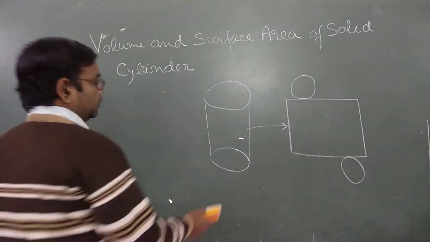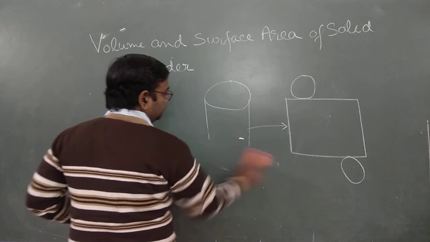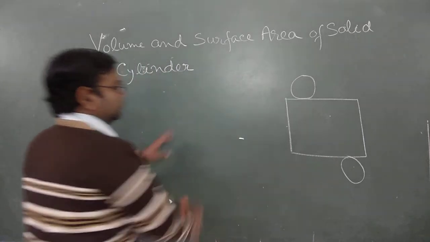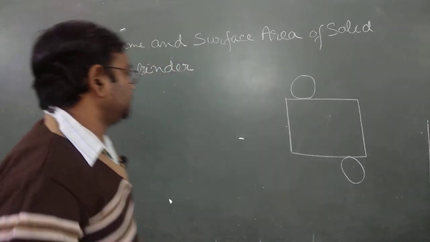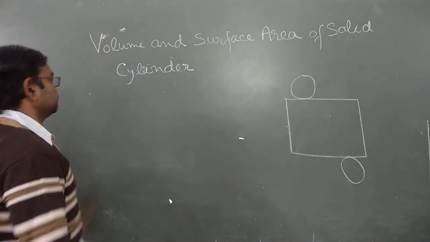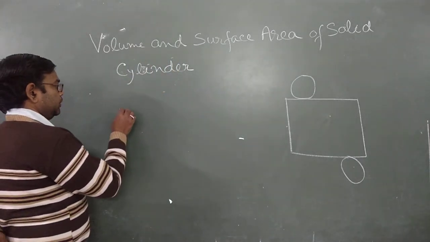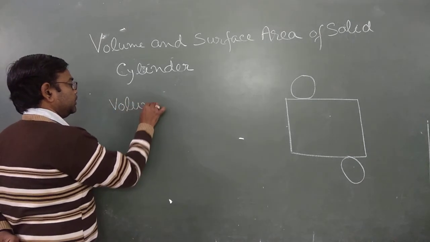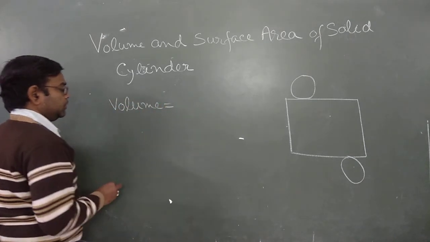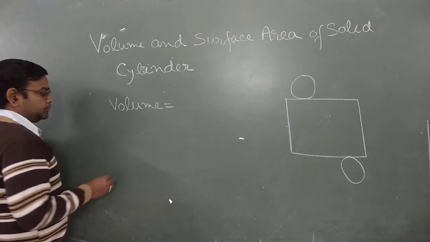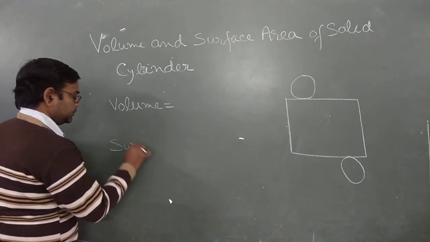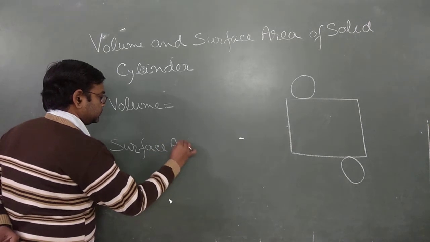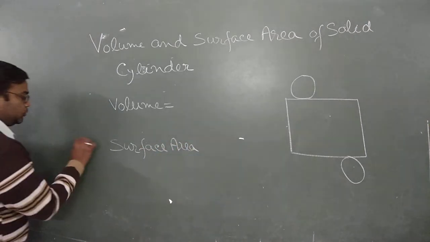Now, let me rub the board first. I am going to leave this picture because it will help you understand some formulas. Now we have two things: volume, always remember, clear, and then the surface area, in this case the total surface area.